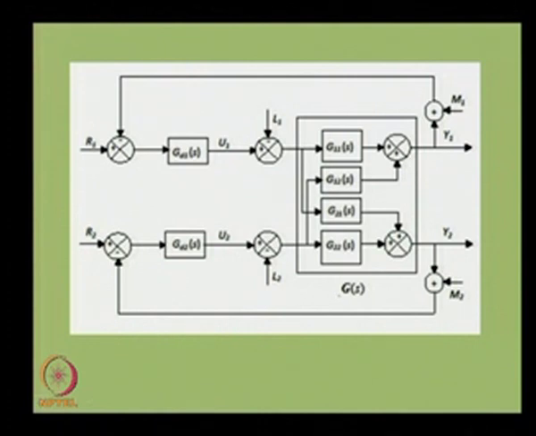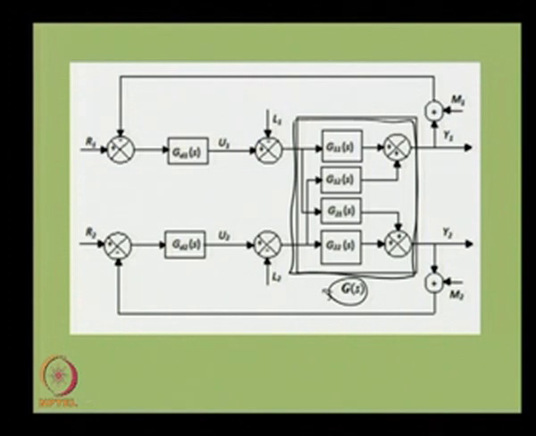Now, this G(s) represents the 2 input, 2 output process or plant. If a plant is subjected to interactions from different internal loops, that type of process or plant is known as a multivariable or 2 input, 2 output plant.